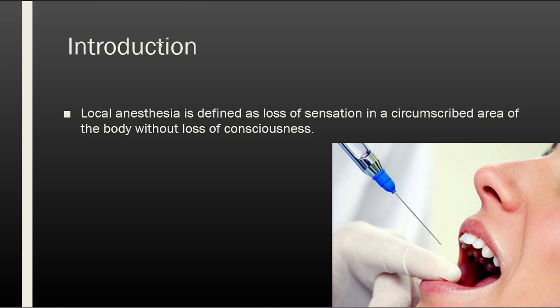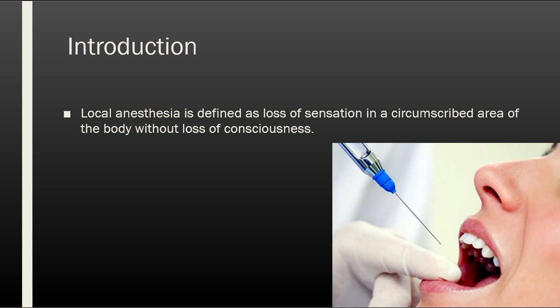The patient would remain conscious, able to accommodate orders, anything we say, verbal orders, he will understand it. He's still awake. Only the area that we want will be anesthetized, meaning it will be loss of sensation. Nothing the patient will feel in that area.